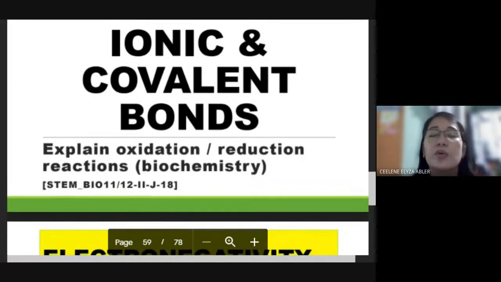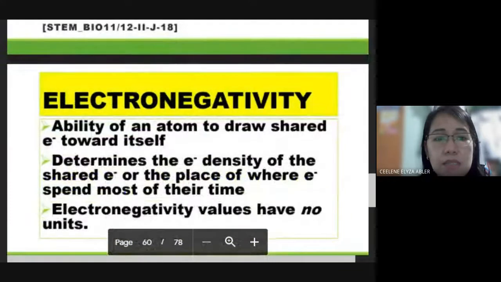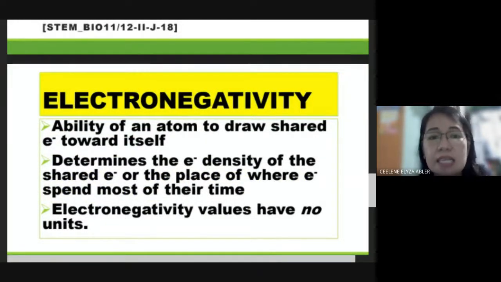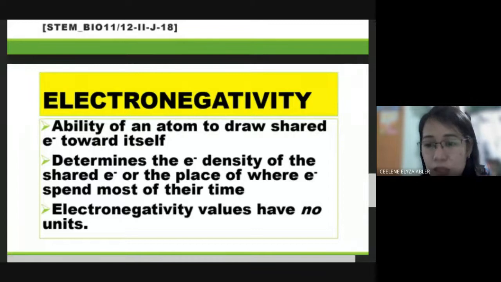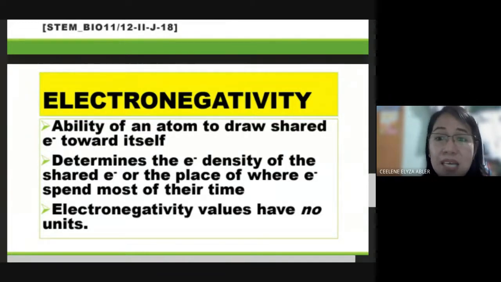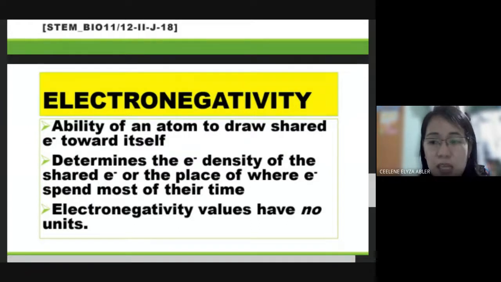Okay. So, for ionic and covalent bonds, meron tayo yung terms like electronegativity. Kanina, na-mention ko that the lesser the electronegativity of an atom, the more likely it will lose its electron. So, sino ang mag-gain ng electron? The one that has a higher electronegativity.